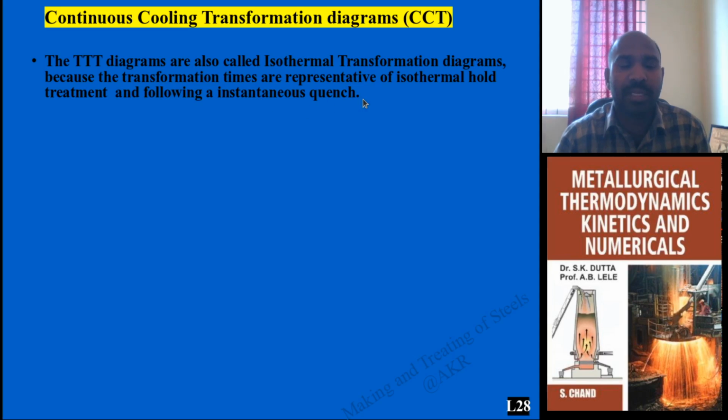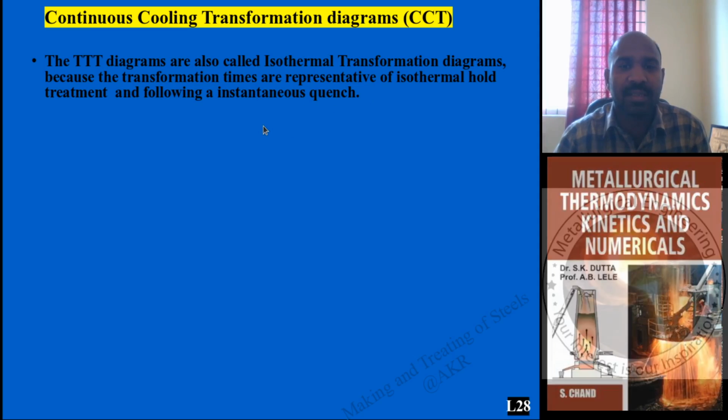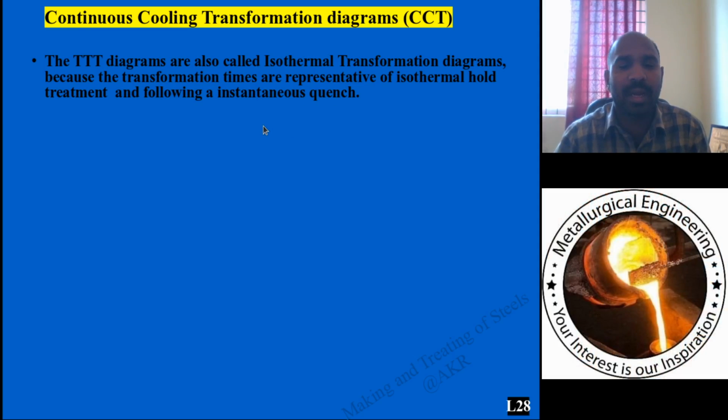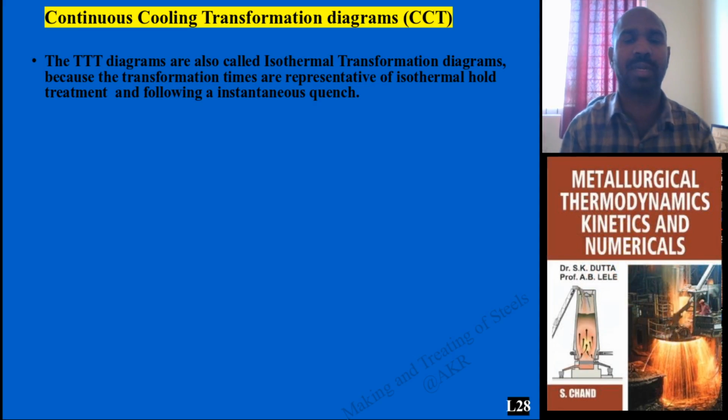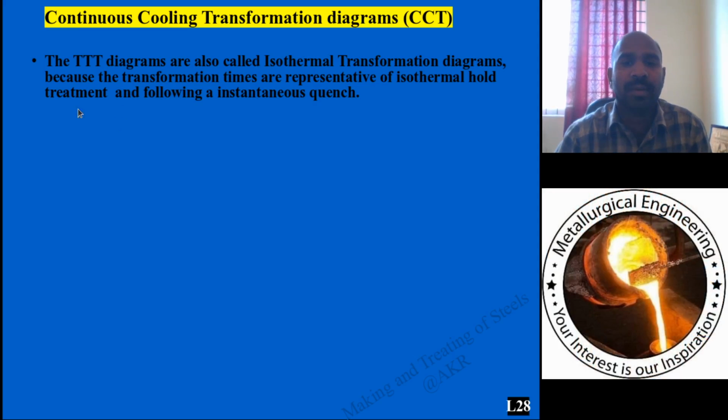But it doesn't talk about the cooling rate, how as the temperature is dropping down, the cooling rate is varying. Cooling rate is a parameter of temperature by time, dT by dt, change in temperature by change in time, that is not considered in the TTT diagram, which is addressed in the continuous cooling transformation diagram.